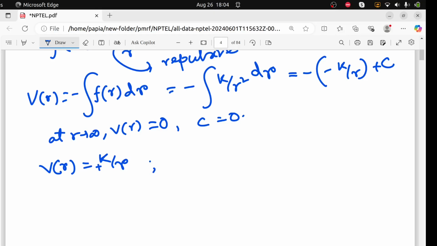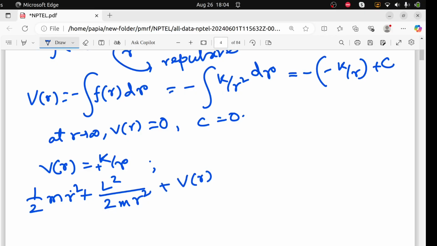Now if V(r) is K by r, then what is the energy conservation expression? The energy conservation expression is half m r dot square plus L square by 2m r square plus V(r) equals, sorry, equals energy. That we all know, right?